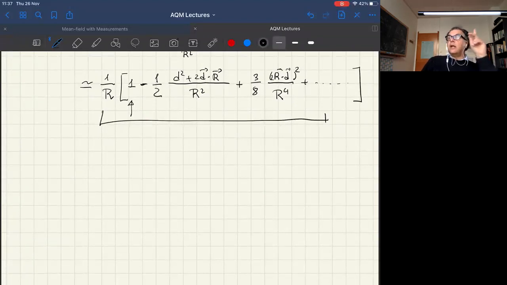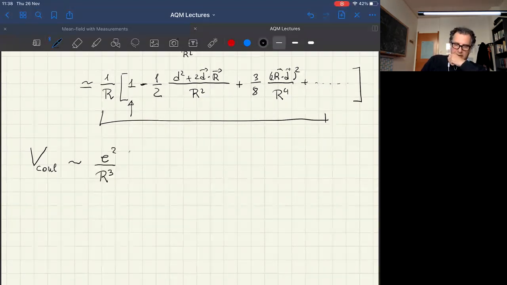And then if you do it correctly, and we are going to check it, if it does not come out right, you will see that all the Coulomb interaction will have this form: e squared over r cubed, and then you have x1, x2 plus y1, y2 minus z1, z2.